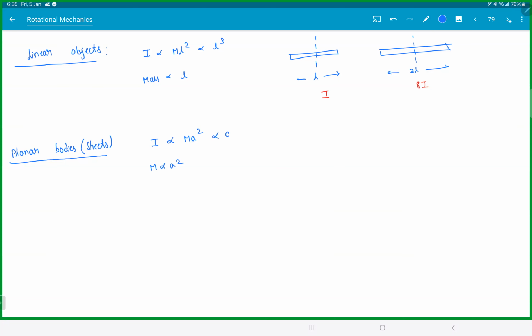So this will be something like a power 4. That means if you take a triangle of side A and a triangle of side 2A, about the centroid, any axis, if this is I, this is 16I.